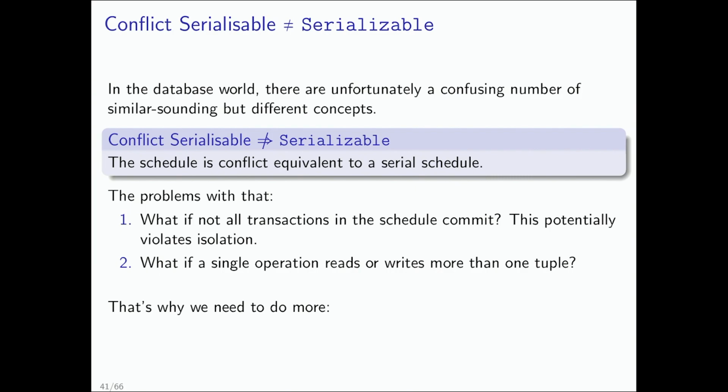However, you're still not safe because if your schedule contains transactions that did not commit, those transactions may have made changes to your database system. But ACID forbids that. A transaction that does not commit must not change the database system. So this is not enough. If you only have committing transactions, conflict serializable is fine in many regards, but you have to do more.